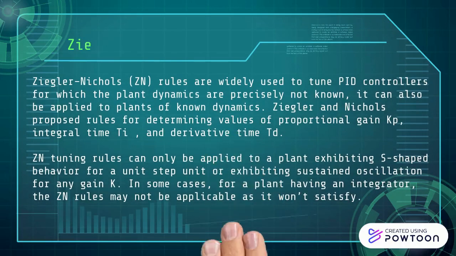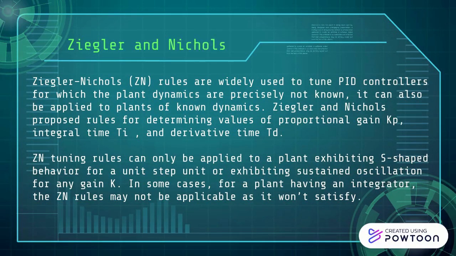Next is Ziegler-Nichols. Ziegler-Nichols rules are widely used to tune PID controllers for which the plant dynamics are not precisely known. It can also propose rules for determining values of proportional gain Kp, integral time Ti, and derivative time Td.